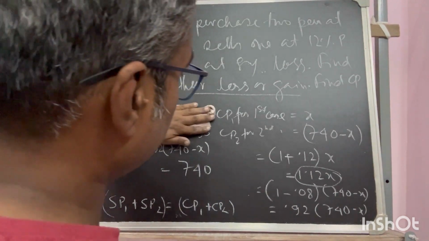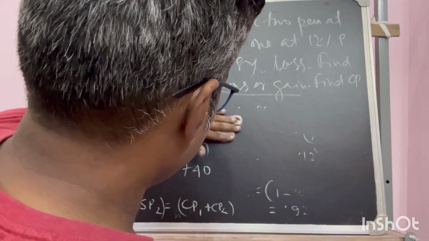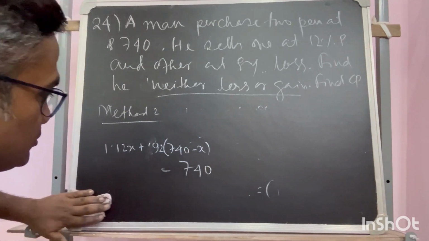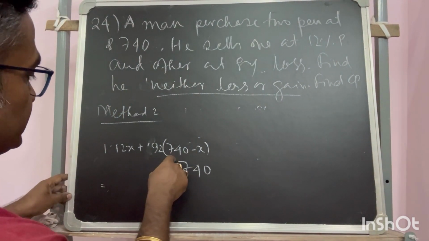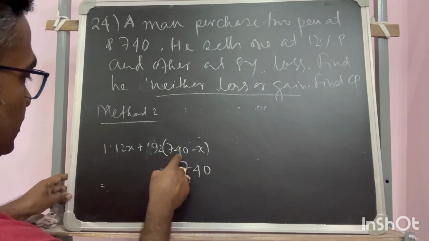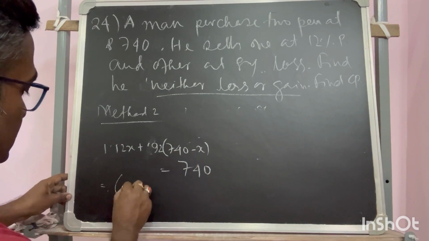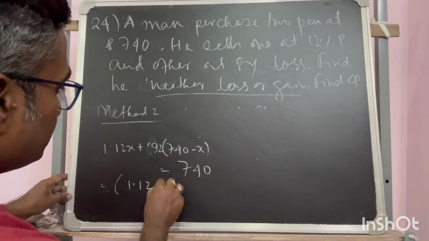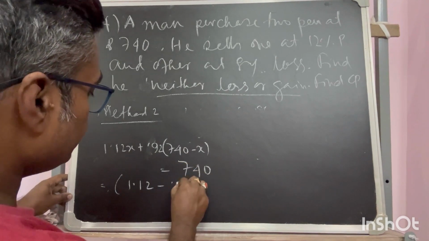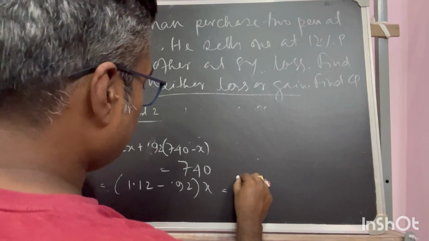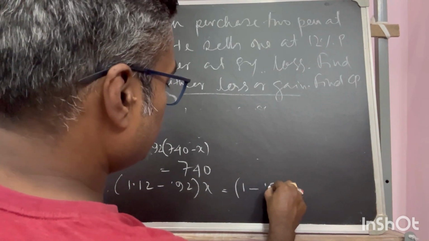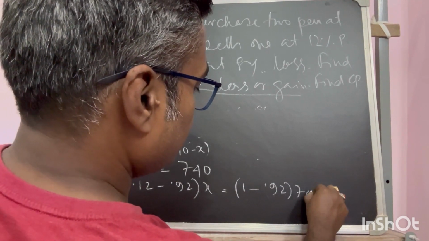So this will be the equation. Now let me solve this. This 0.92 into 740 will go to this side. That means 1.12 minus 0.92 into x is equal to, this will go this side, 1 minus 0.92 into 740.